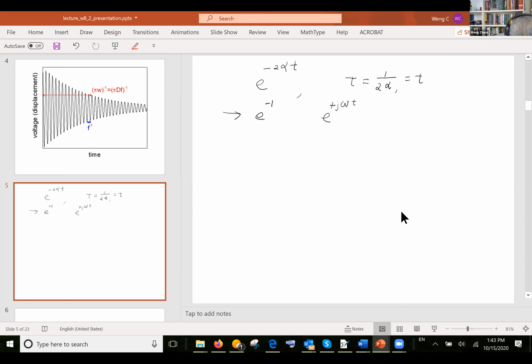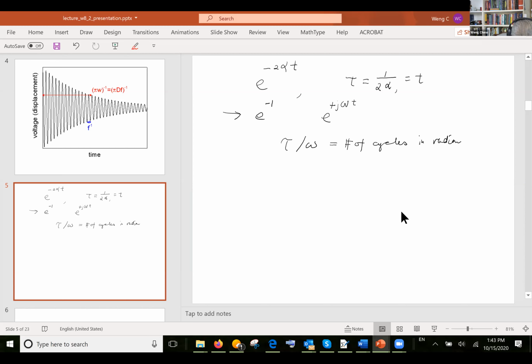So you take this tau value and then divide by omega, gives you number of cycles in radian. Okay, so Q essentially is the, let me see, do I have this right?